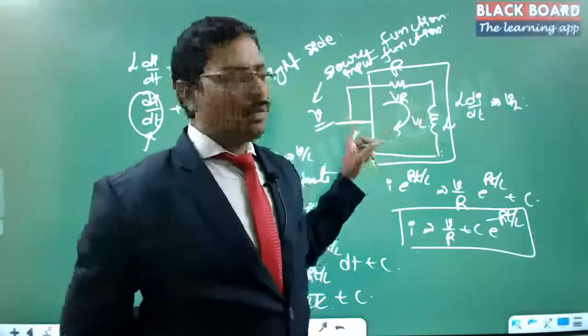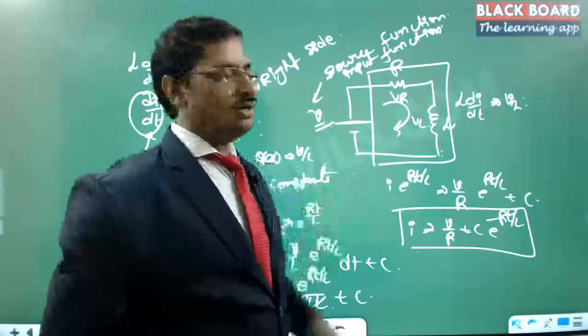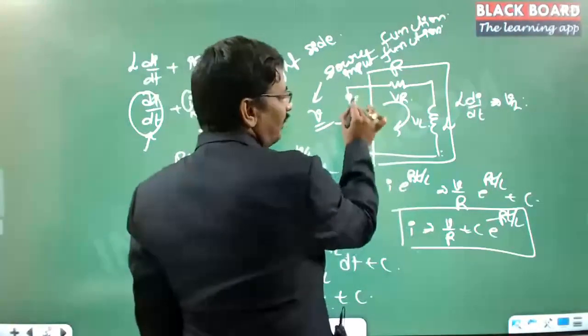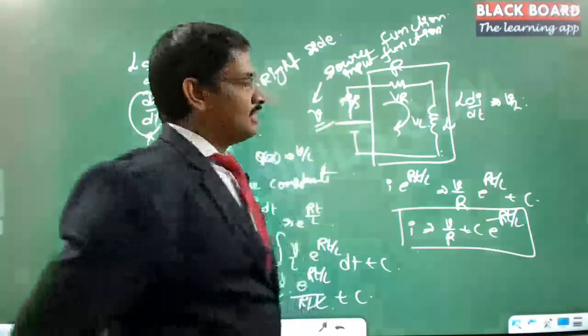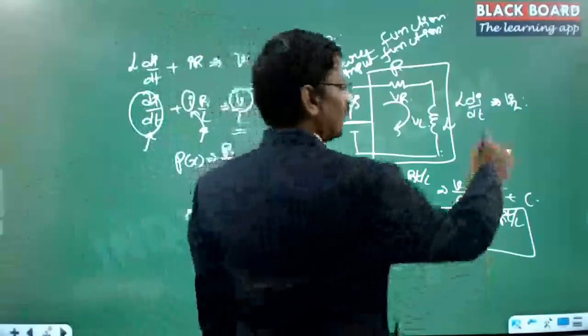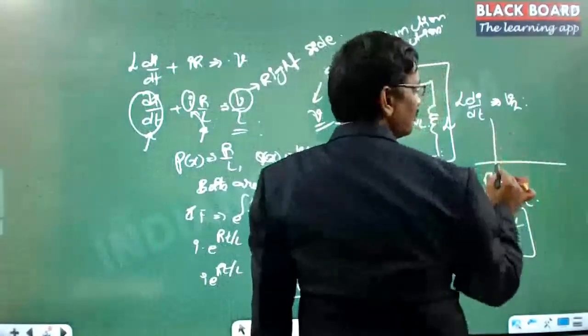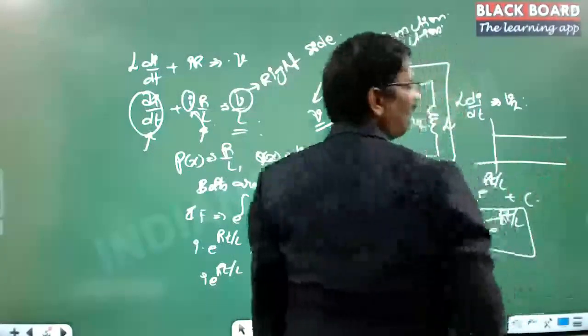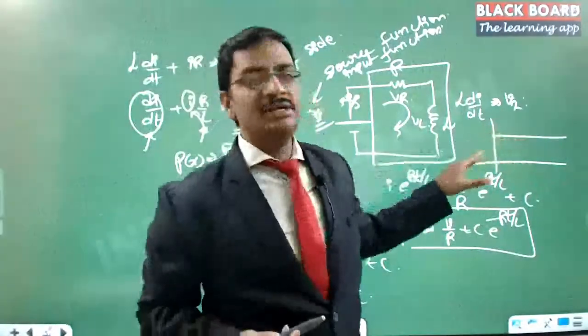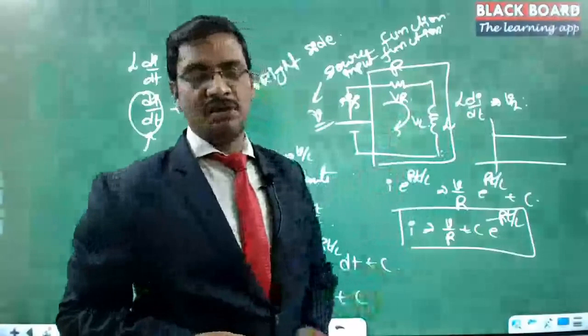That is the reason that initially when you switch on, suppose there is a switch here and this switch is open and now you want to switch on. If you switch on, suddenly the current wants to increase. How does it want to increase? As and when you switch on at t equal to 0, it wants to rise horizontally. That means it wants to maintain the same amount of current once the switch is on.